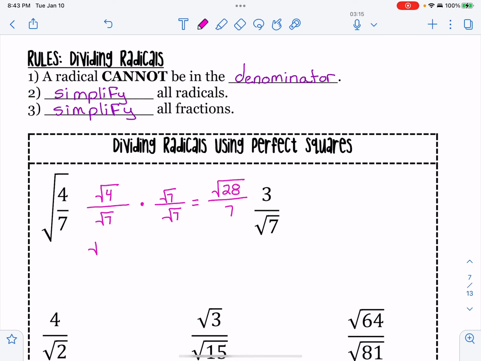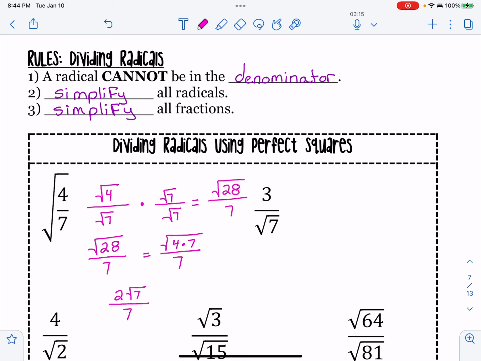So I take my square root of 28 over 7, and I know that that square root of 28 has to be simplified because it contains a perfect square of 4. 4 times 7, like this. Square root of 4 is 2. I'm left with 2 square root of 7 over the whole number 7.